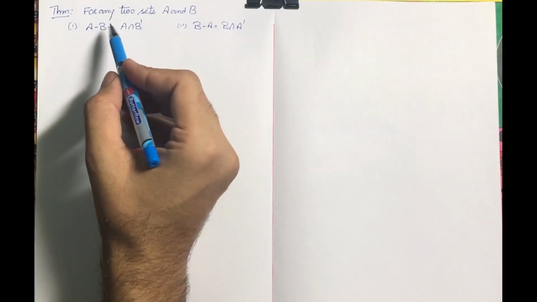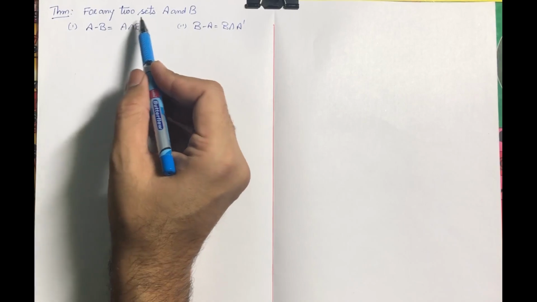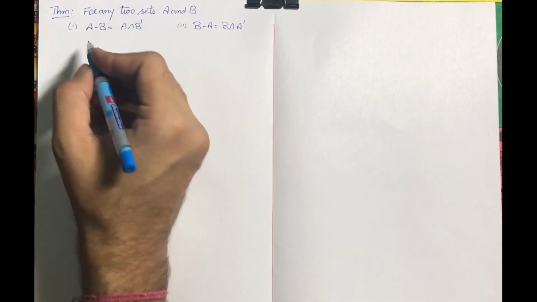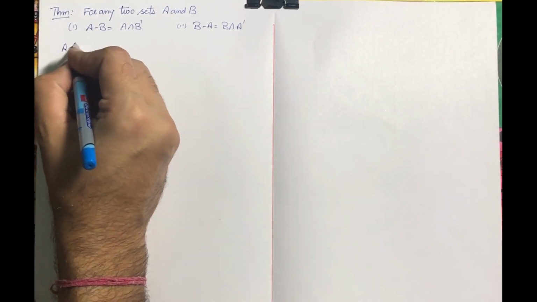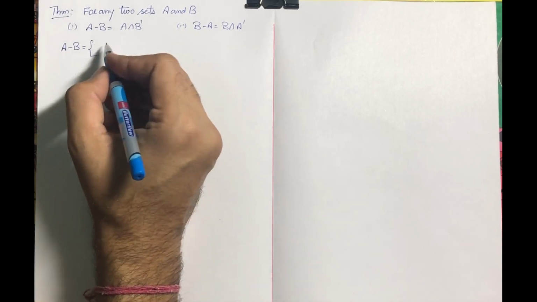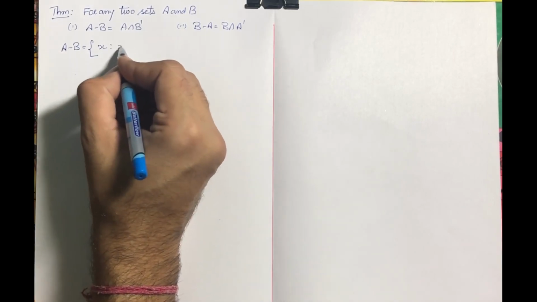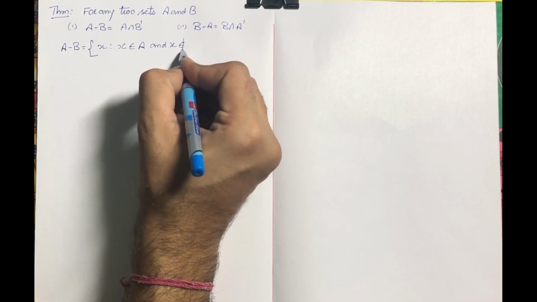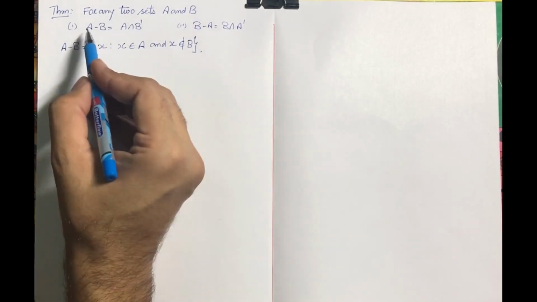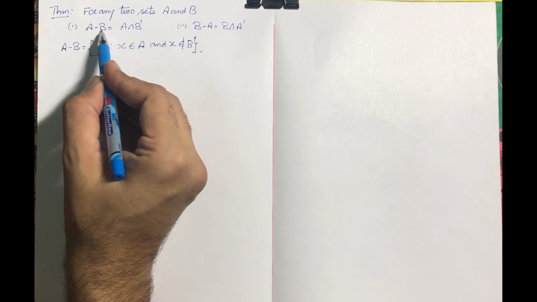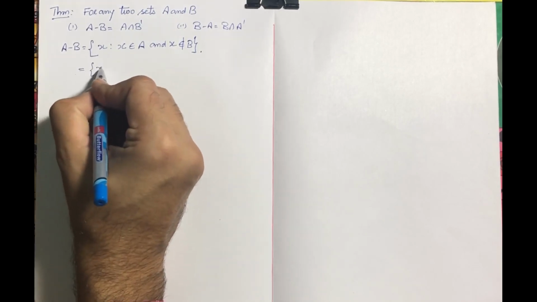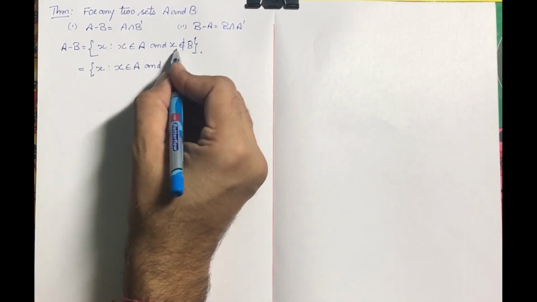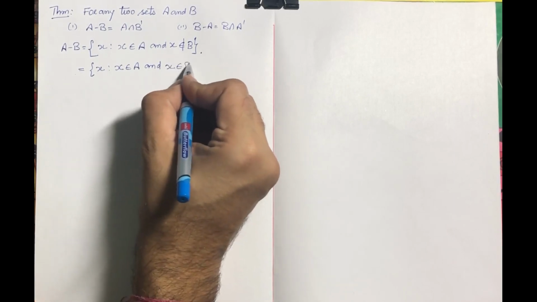Next result, for difference of sets, for any two sets A and B, A minus B is A intersection B complement. To prove this, we start with left hand side, and by definition of difference of sets, this set is of the form that x belongs to A and x does not belong to B, because we know the definition, all the elements of A which are not in B, which further may be written as x belongs to A, and if x does not belong to B, it belongs to its complement.